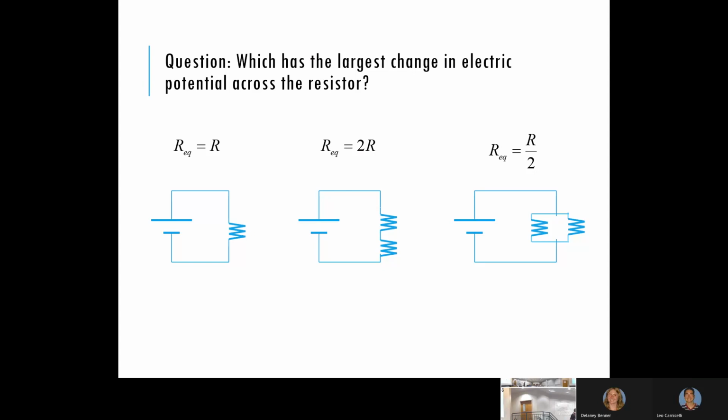I say, which set has the largest drop across the series of resistors. There we go, maybe that's a better way to say it. Or the grouping, I shouldn't even say series, because series means one after the other. I should say the grouping of resistors. For which arrangements is the potential drop across the grouping of resistors the largest?